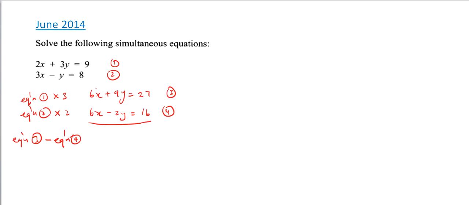And we get 6x minus 6x gives me 0. And 9y minus 2y gives me 11y. Okay, make sure you understand what I'm doing here. Right? Which is equal to 27 minus 16, which will give me 11.